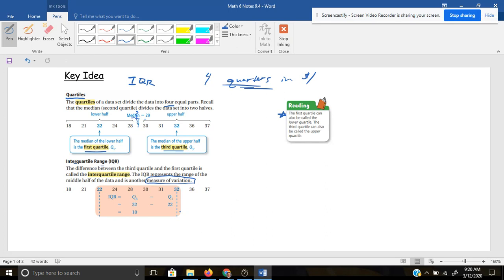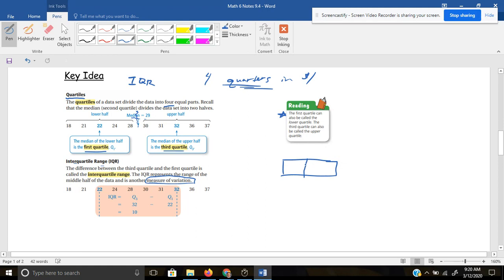When we're talking about box and whisker plots, remember that this middle line in your box and whisker plot is your median. This is your lower half, and this is your upper half. And that represents half of the data, 50% of the data.